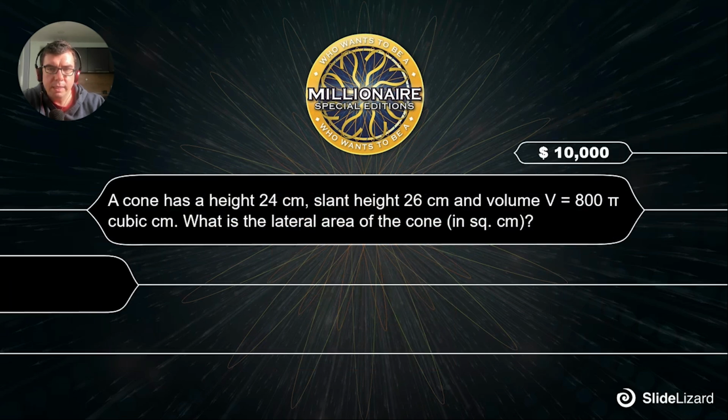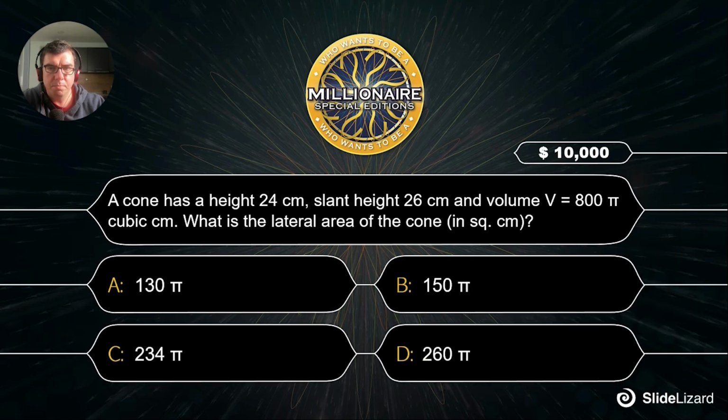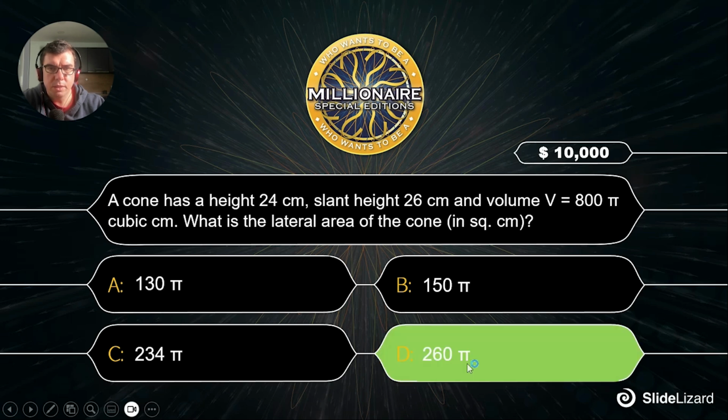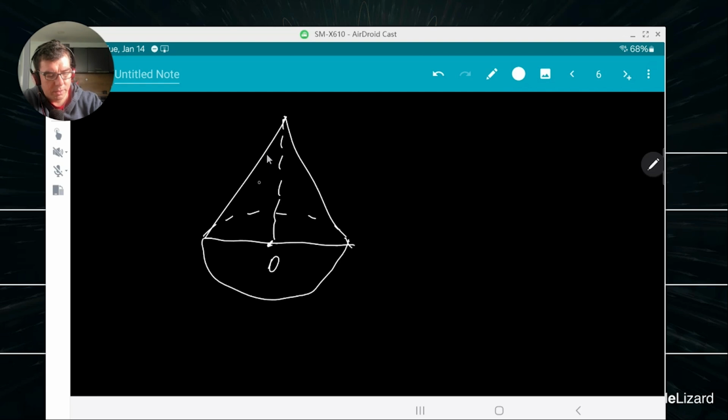A cone has a height 24, slant height 26 and volume 800 pi. What is the lateral area of the cone? Did you find D, 260? 260 is correct. This is 24, 26, r.